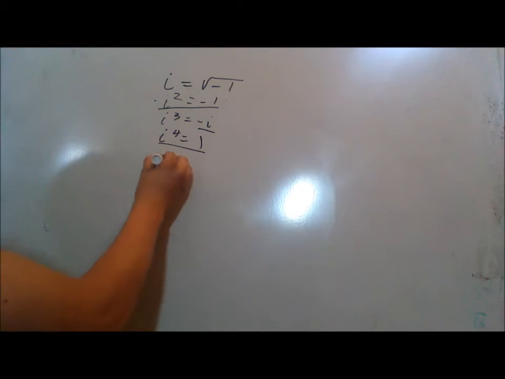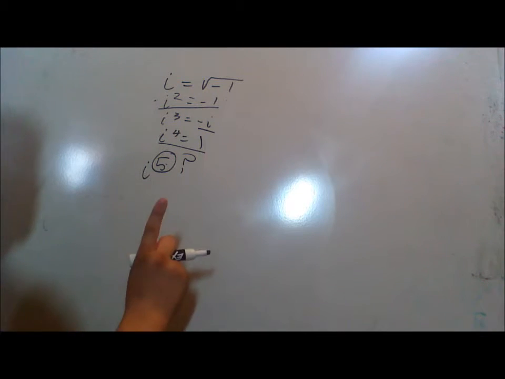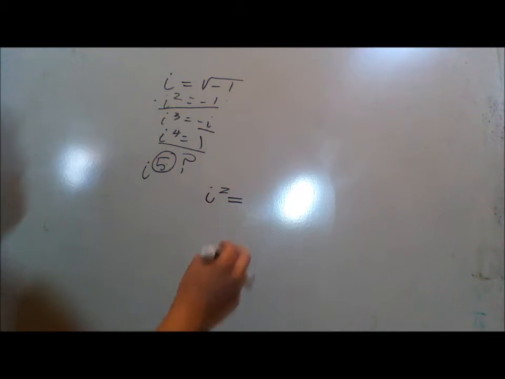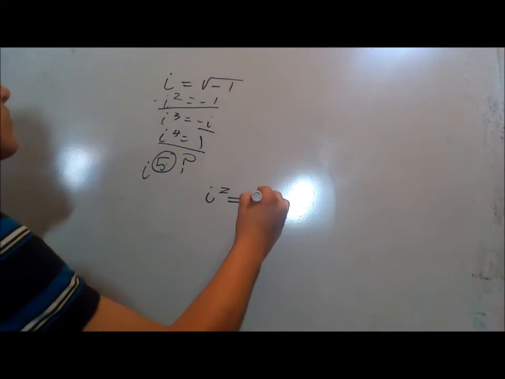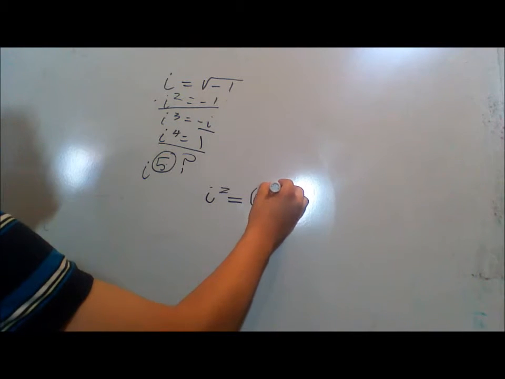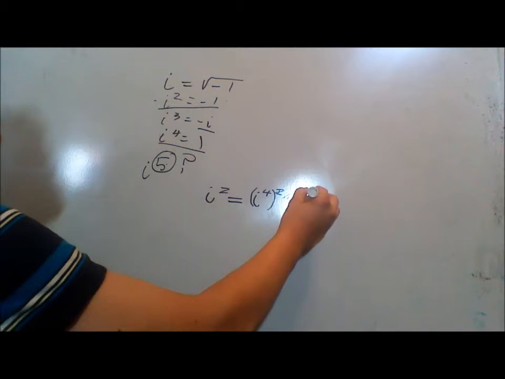Alright, so what happens if i is to the power of 5? Well, this is simple. We just use the equation i to the power of z is equivalent to i to the fourth power to the power of z over 4, times i to the remainder.